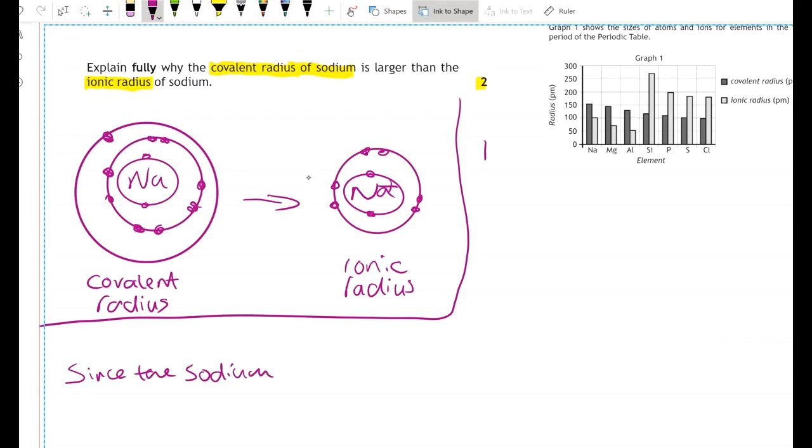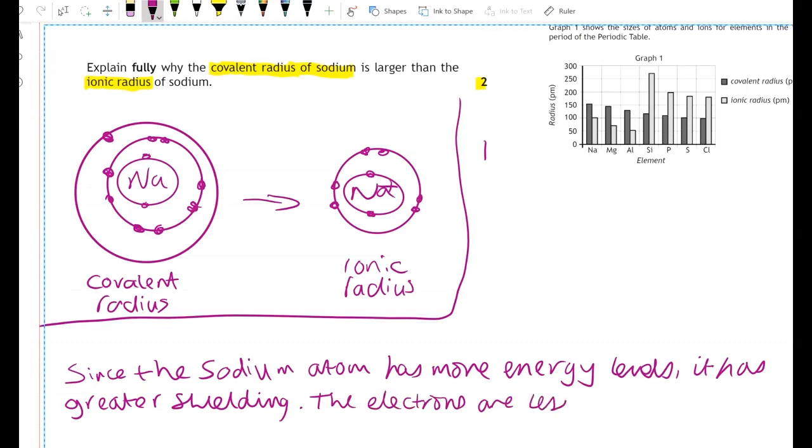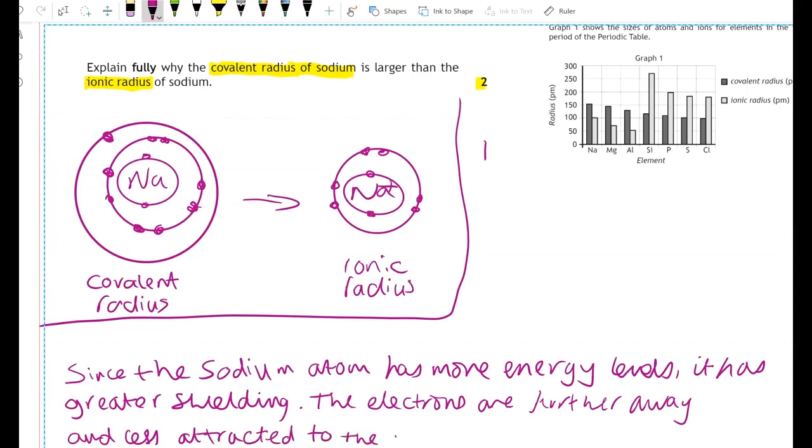So since the sodium atom has more shielding, the electrons are further away and less attracted to the nucleus.